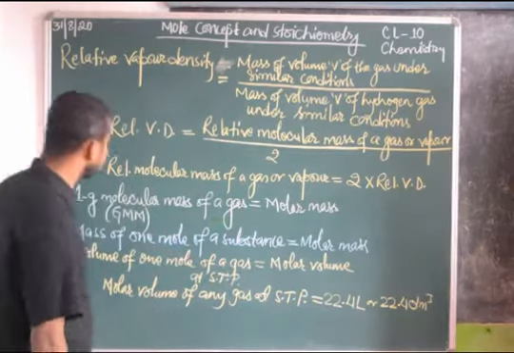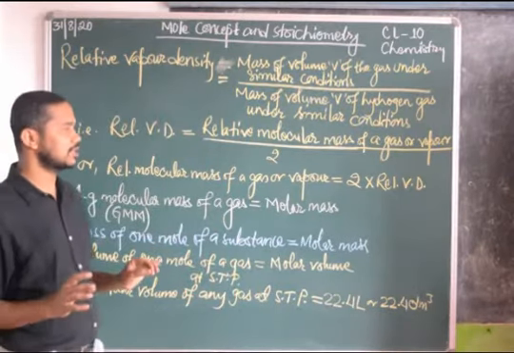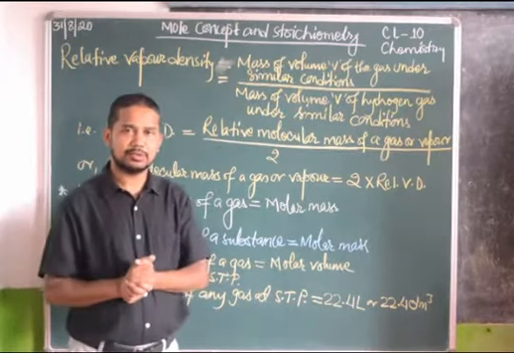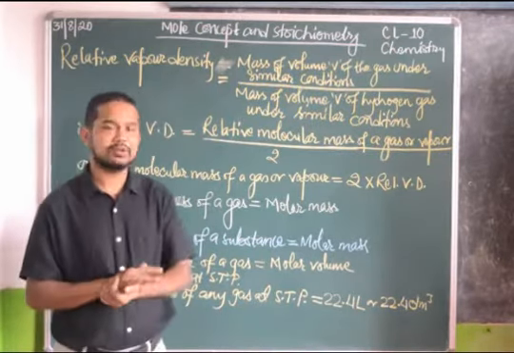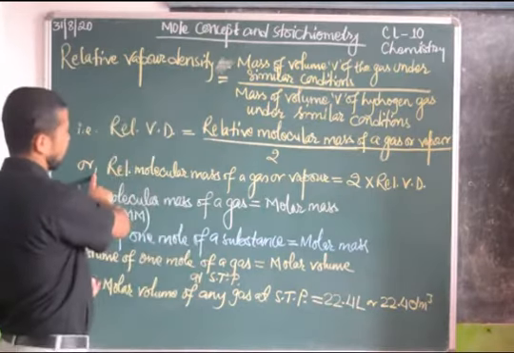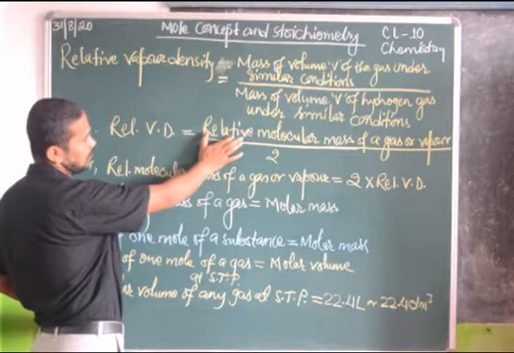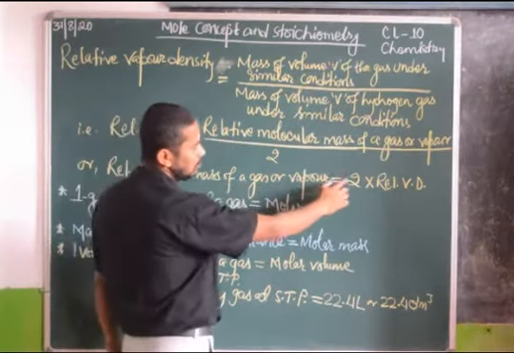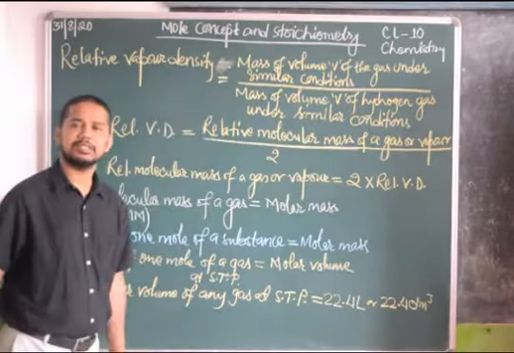So in short, what can you write? Relative vapor density is equal to the relative molecular mass of a gas or vapor by 2. Or if you want to calculate it the other way, the relative molecular mass of a gas or vapor is equal to 2 into the relative vapor density.